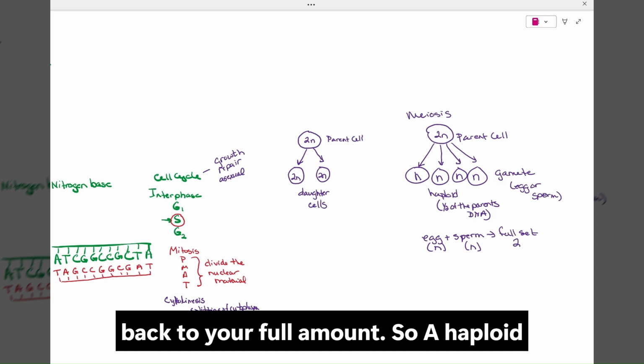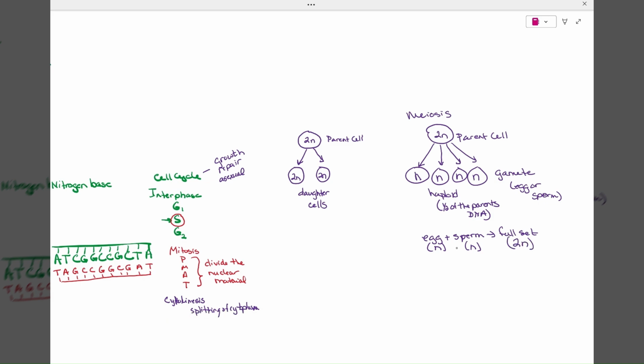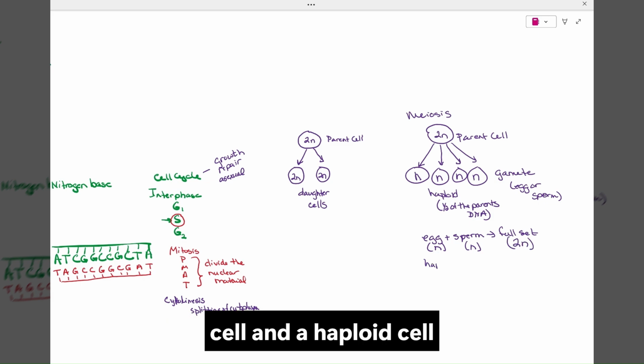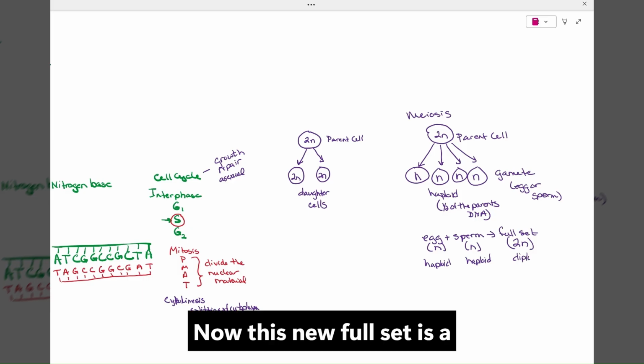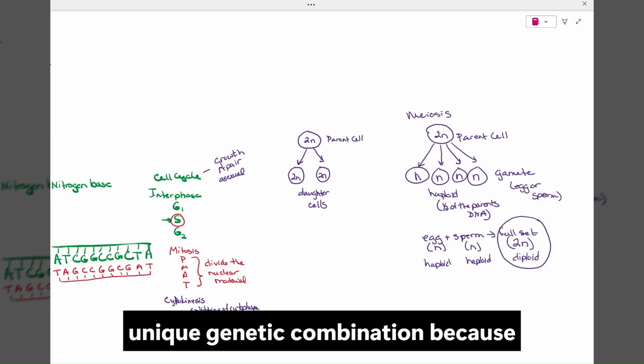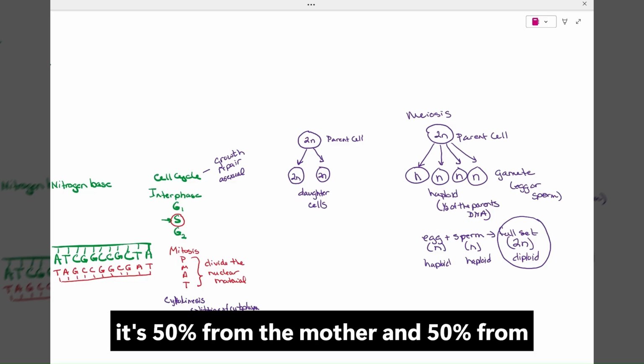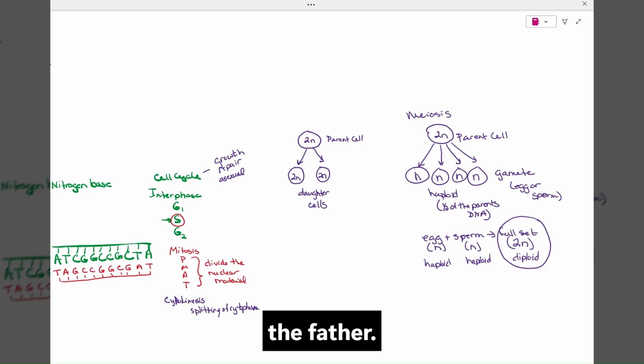You get back to your full amount. So a haploid cell and a haploid cell get you back to a diploid cell. Now, this new full set is a unique genetic combination because it's 50% from the mother and 50% from the father.